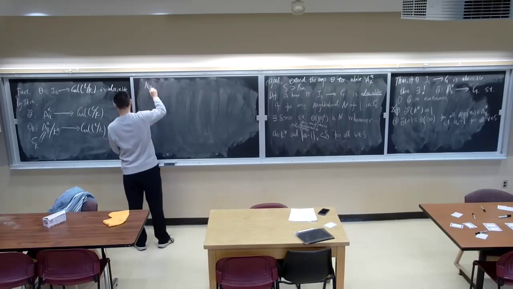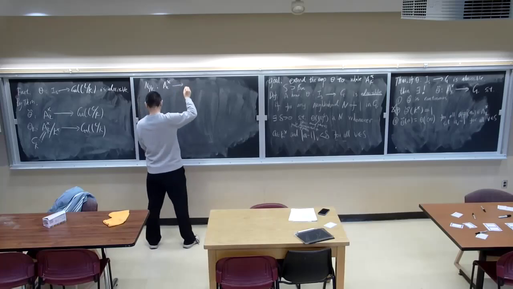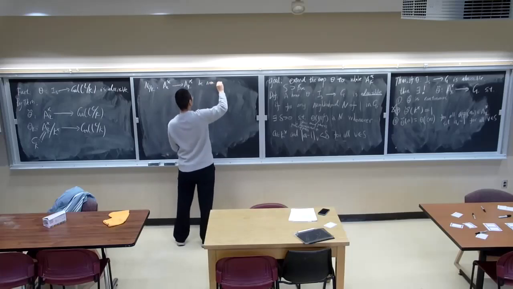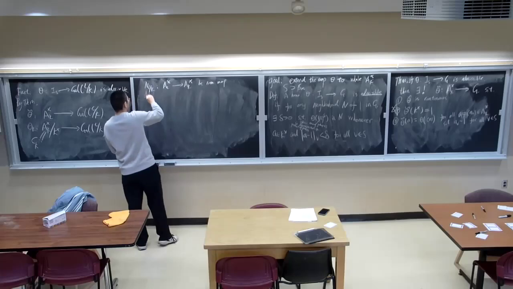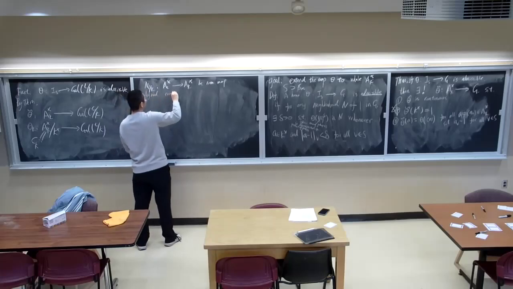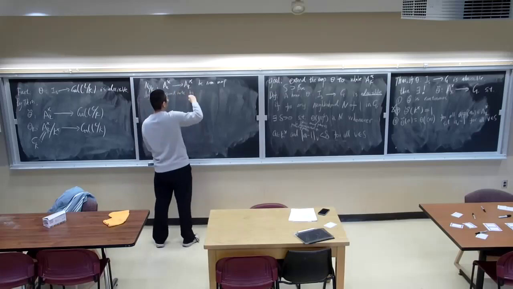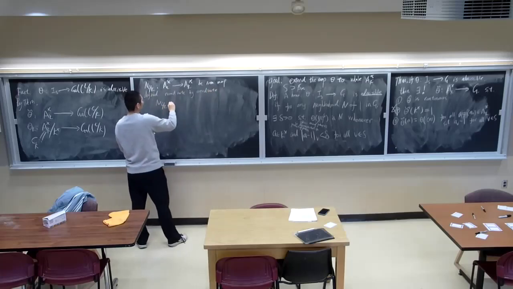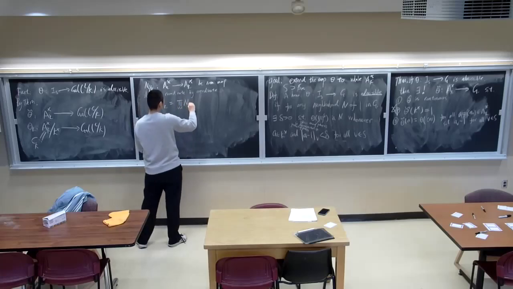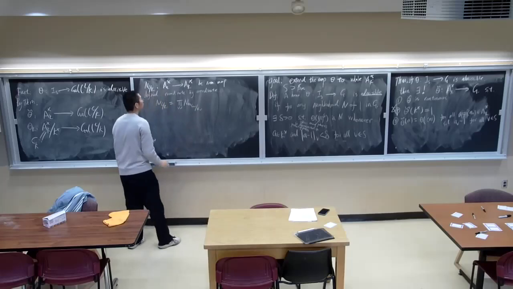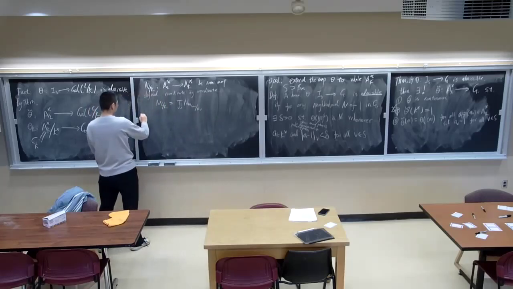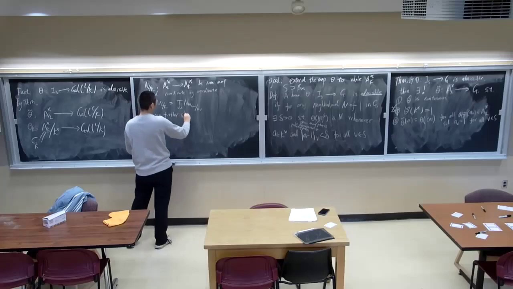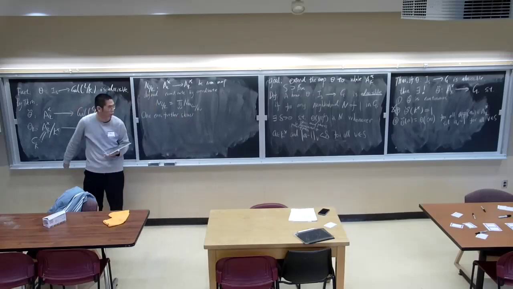If you define the norm map coordinate by coordinate, in other words, just defined as a product of the local norms, then you can further calculate the kernel of this map.